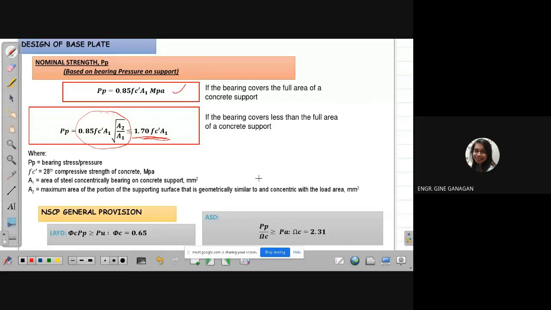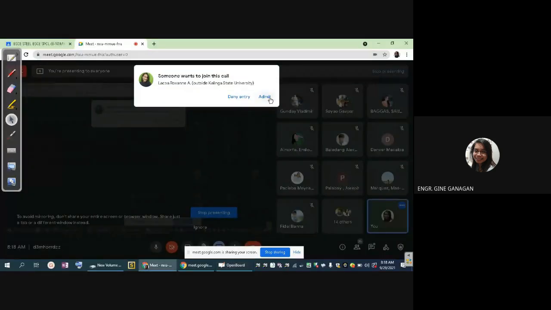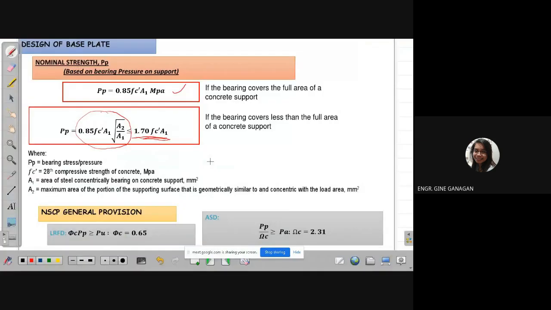So yung A1, we have the area of steel concentrically bearing on concrete support. And then yung A2 natin is the maximum area of the portion of the supporting surface. So i-discuss natin mamaya itong area, paano pagkuha ng A1 and paano pagkuha ng A2.